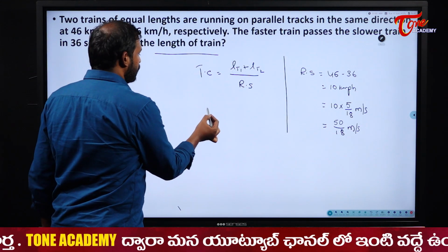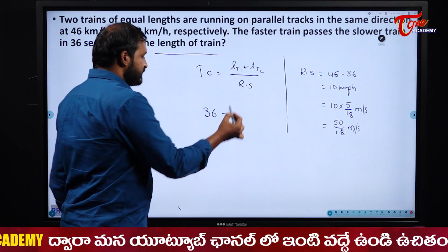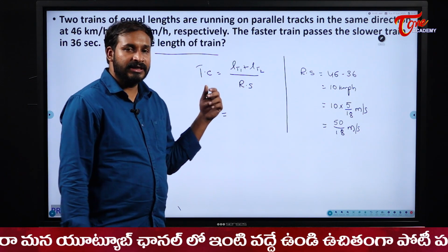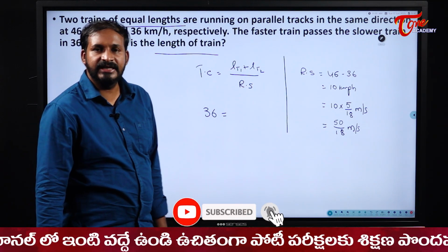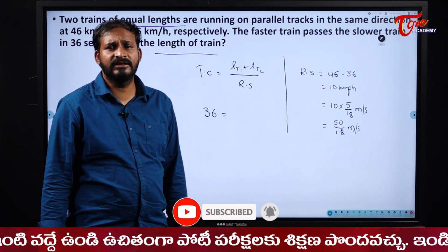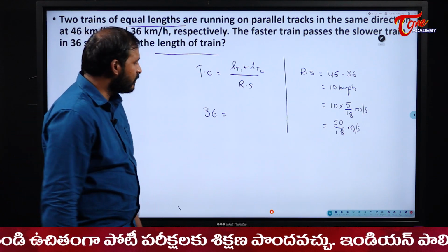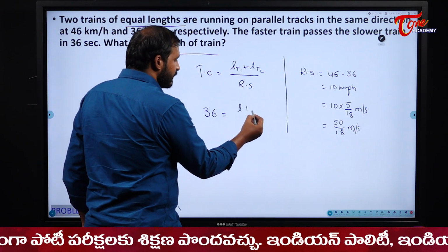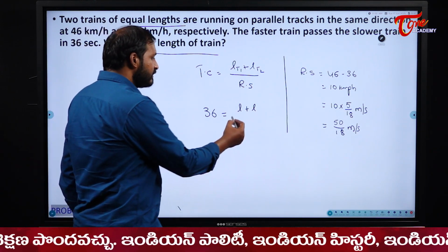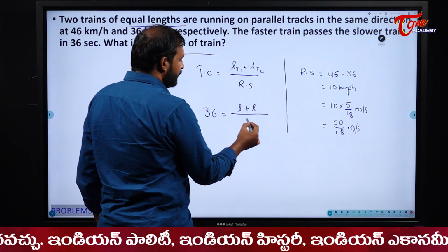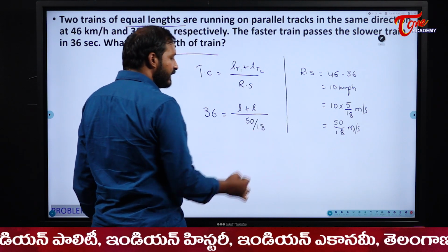Now time taken to cross. This will become what, students? 36 is equal to, let us assume that, anyway they clearly mentioned that of equal lengths, right? Length of each train is L. So now what happens here? L plus L by 50 by 18.